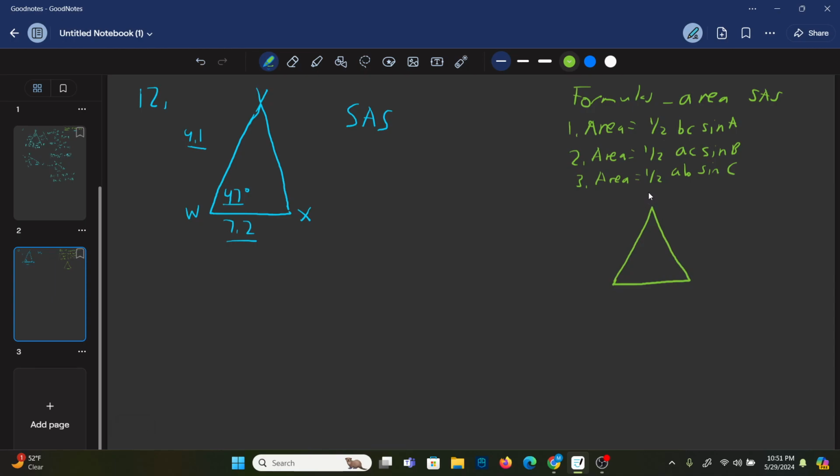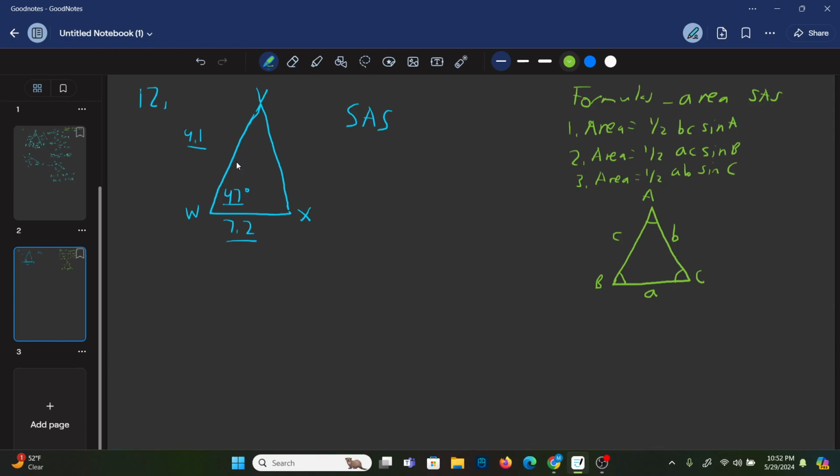Let's say we have triangle ABC, so here we have angle A, angle B, and angle C. For the sides, little a means the side that's across from angle A. Little b is the side across from angle B, and little c is the side across from angle C. So that's what these letters mean.